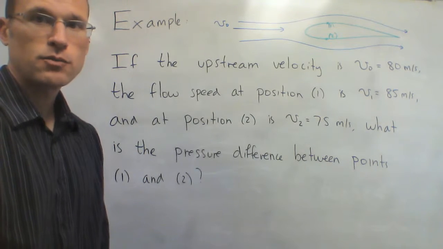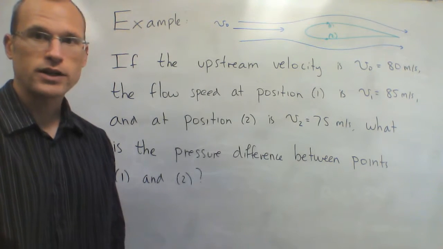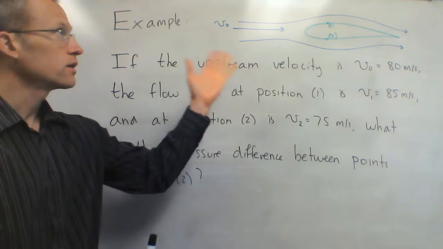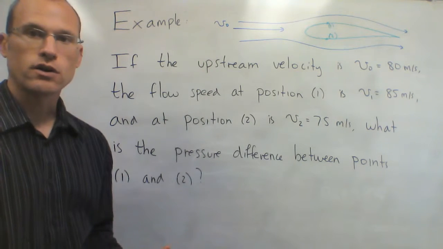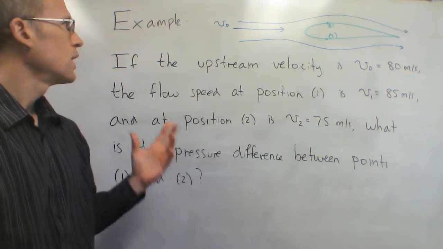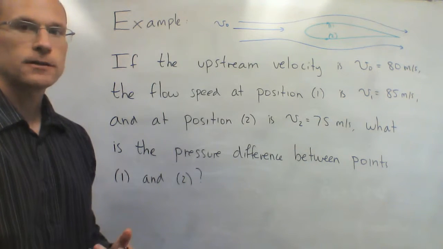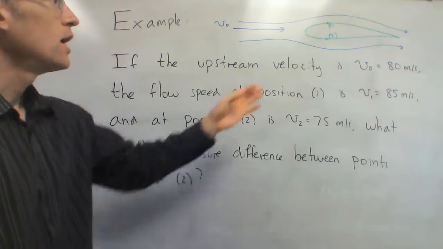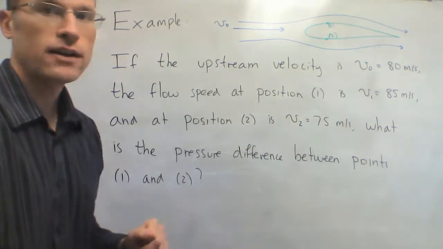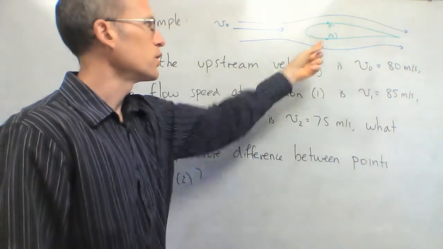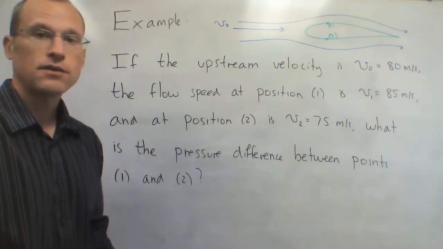So first example, using Bernoulli's equation, a very similar scenario to what I just described with an airplane wing, flow going around it horizontally. So we have upstream velocity, 80 meters per second, that's basically how fast the plane's flying. Then I measure the flow at the top of the wing to be 85 meters per second, and flow at the bottom of the wing, point 2, 75 meters per second.